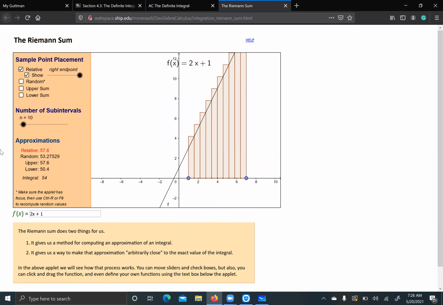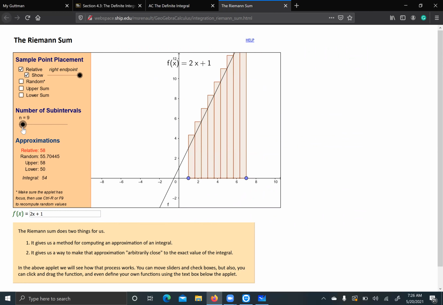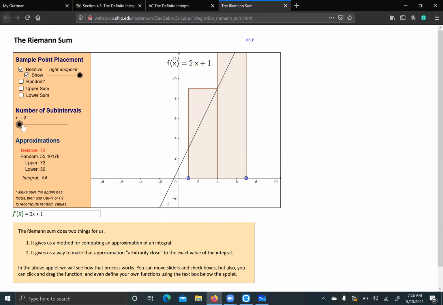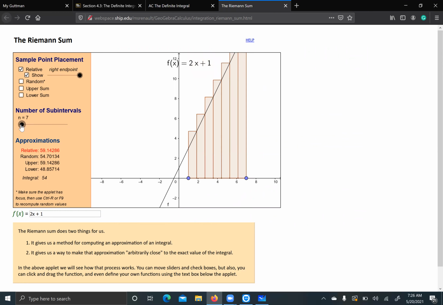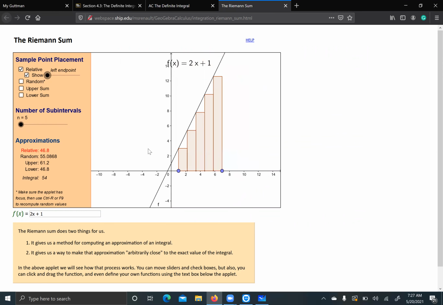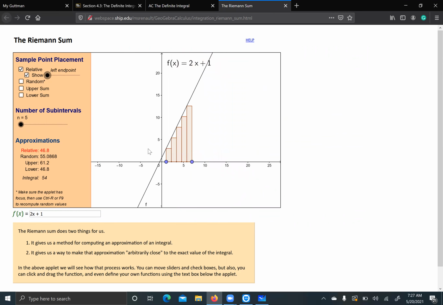And I want 5, so the setup is 5 subintervals, or 5 rectangles, and it says left endpoint. So this is going to be the big picture.